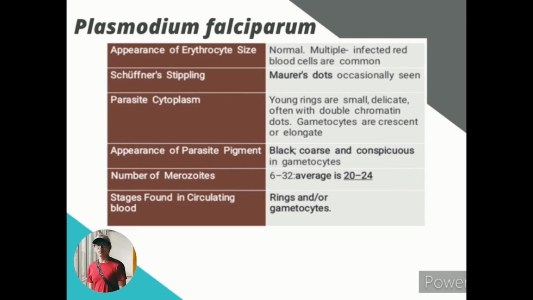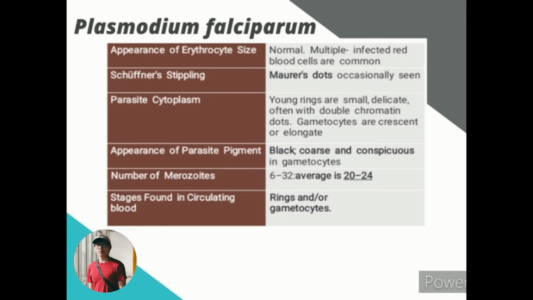Gametocytes are crescent or elongate. The appearance of parasite pigment is black in color, and it is coarse and conspicuous in gametocytes. Plasmodium falciparum has an average number of merozoites of 20 to 24. Among the 5 parasites, it has the biggest number. However, the ring form and gametocytes are only found in the circulating blood.